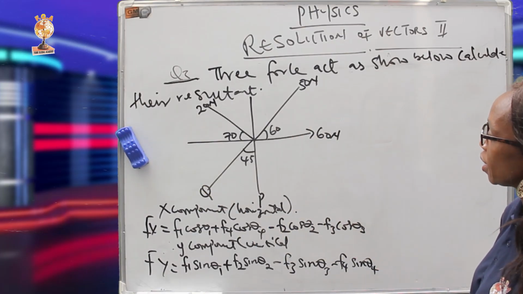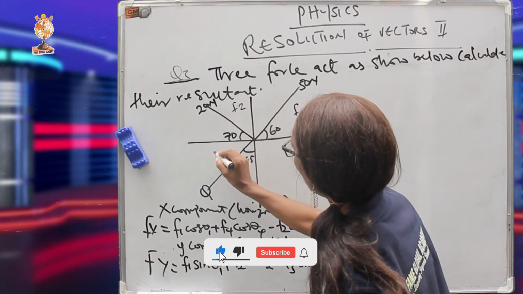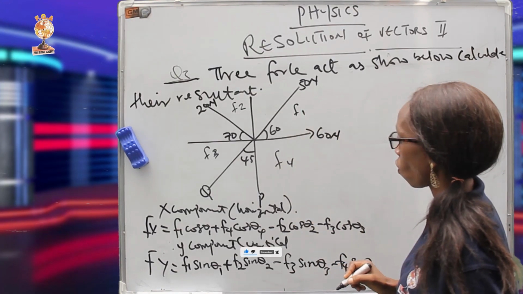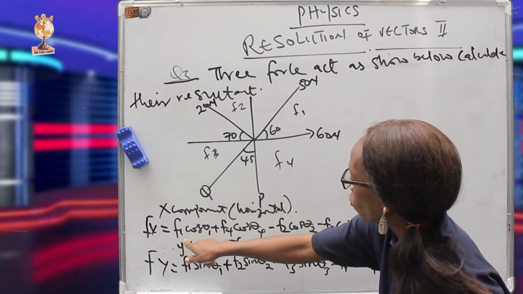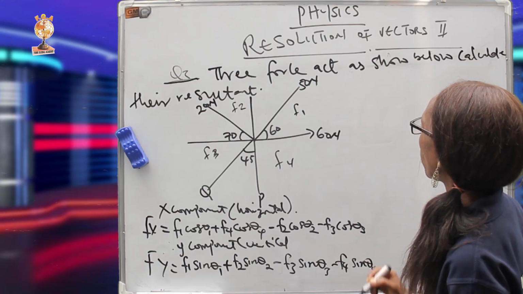Now, having done that, I put here my F1, here my F2, here F3, and this is F4. Now let's go. F1 cos theta 1.